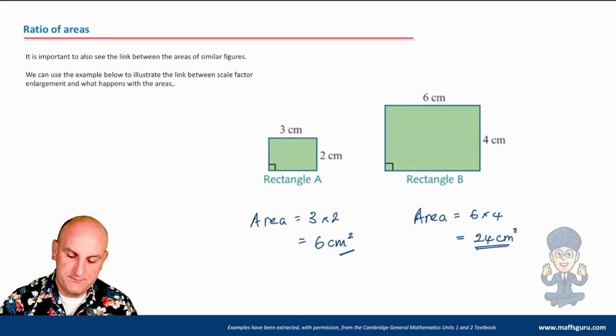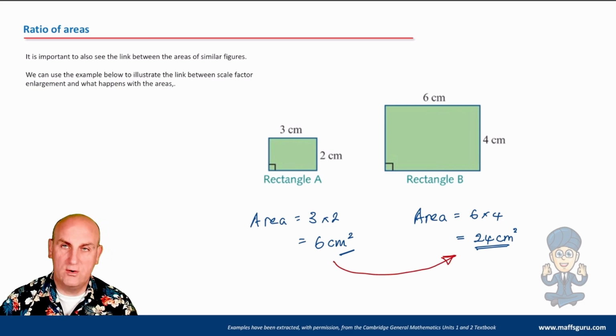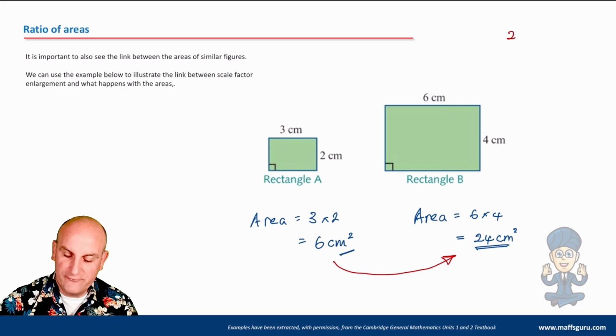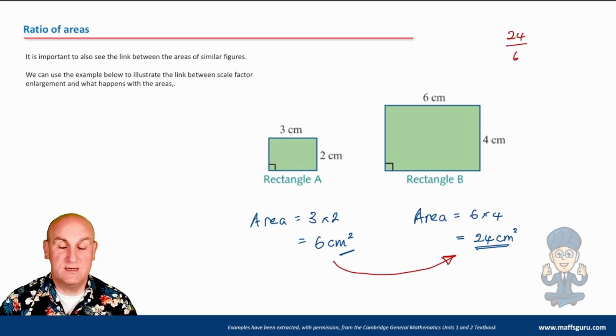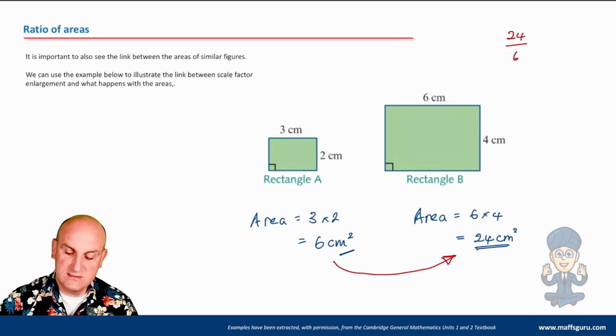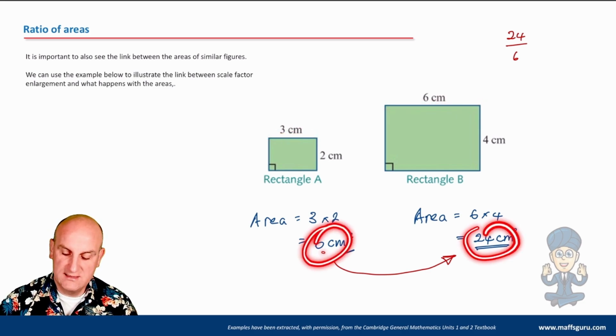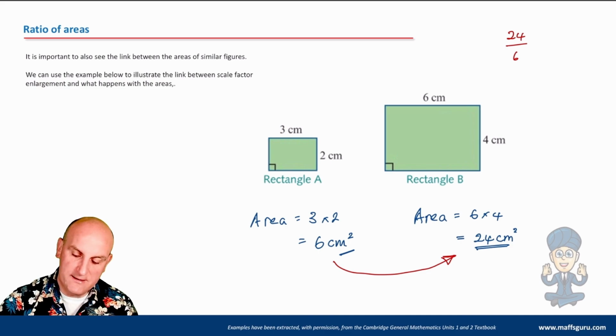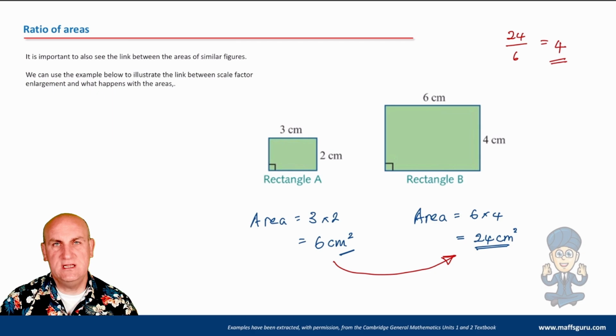How many times bigger is that? I've gone from 6 to 24. Much like we did before with a side length divided by the same side length, if I do the area divided by the area, I actually get 4. So the area has actually grown 4 times.